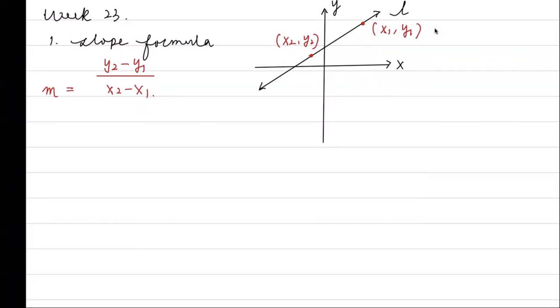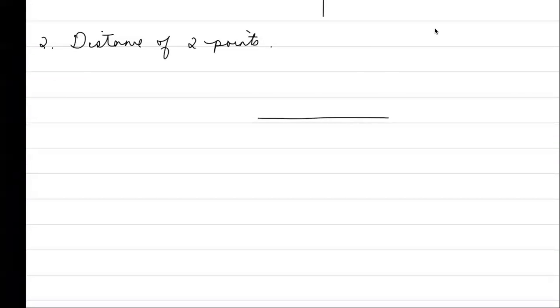The second formula is the formula for the distance between 2 points. Let's draw this graph again. What does this mean?